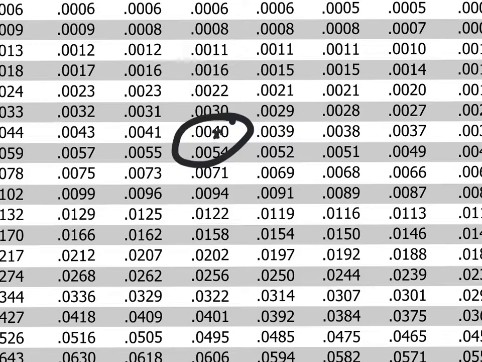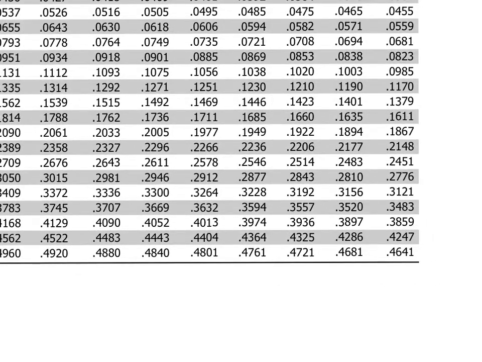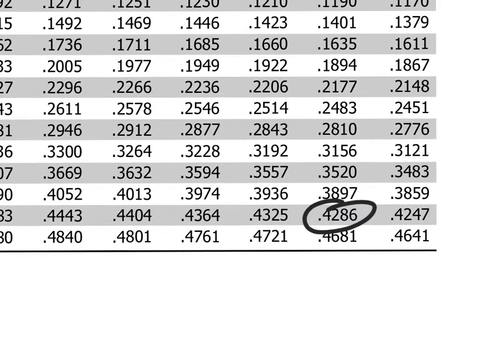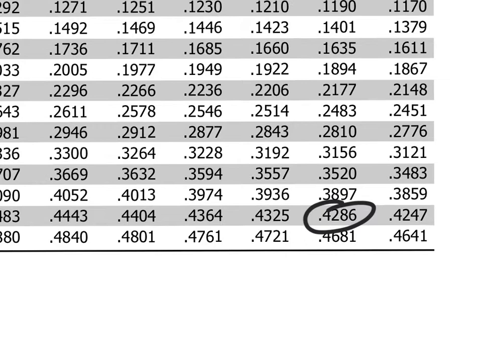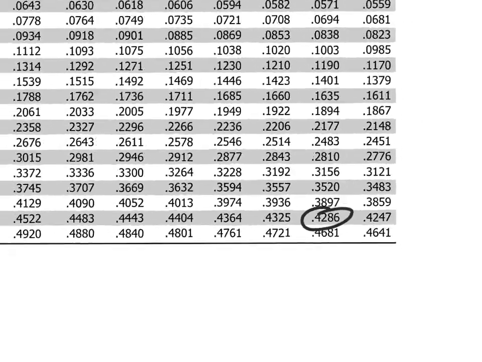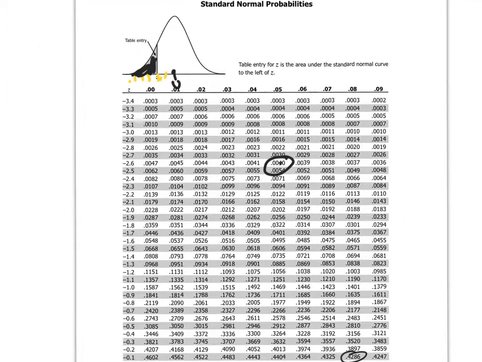If I go farther down the table, I'll just grab this one over here. 0.4286, almost 43%. In the table are the areas that I want, always measured to the left of the z-score. Always.